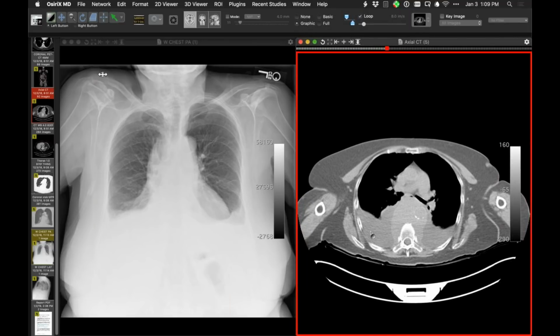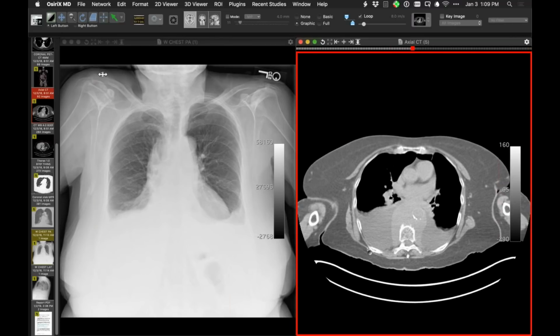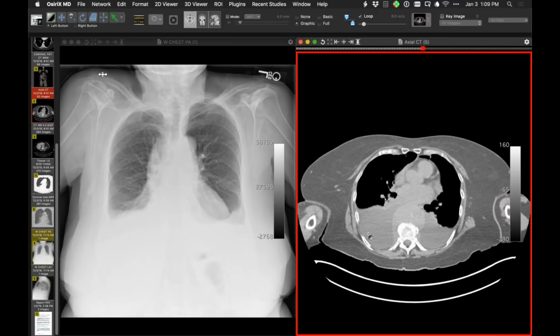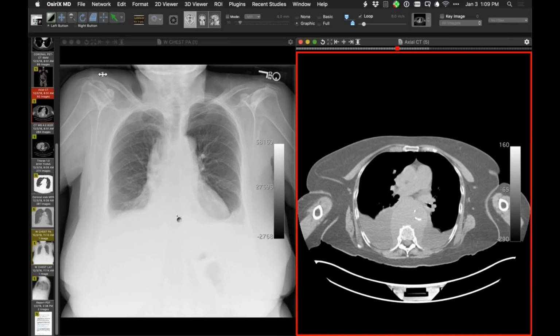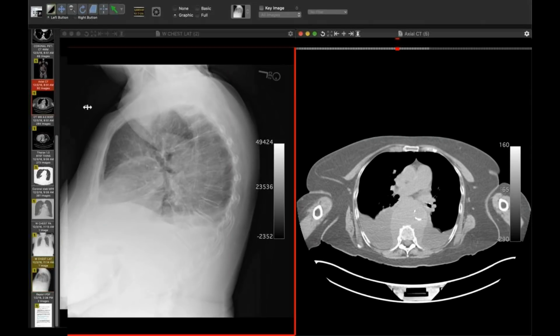Posterior subcoronal, extending posteriorly, paraspinal, pushing things away, lifting the aorta up. And yes, indeed, that corresponds with the extensive abnormality we see here on the lateral projection.